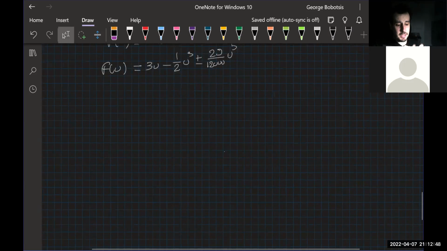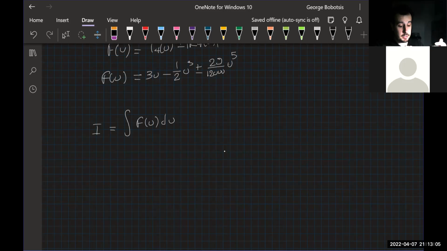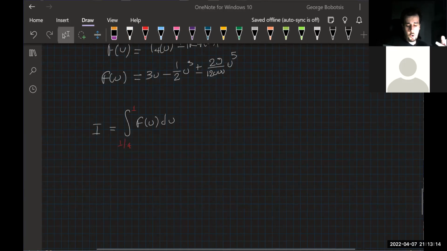So now my job again is to integrate this, between certain bounds, like 1/4 and 1 for u. That's all that remains. I've got to integrate this guy now.